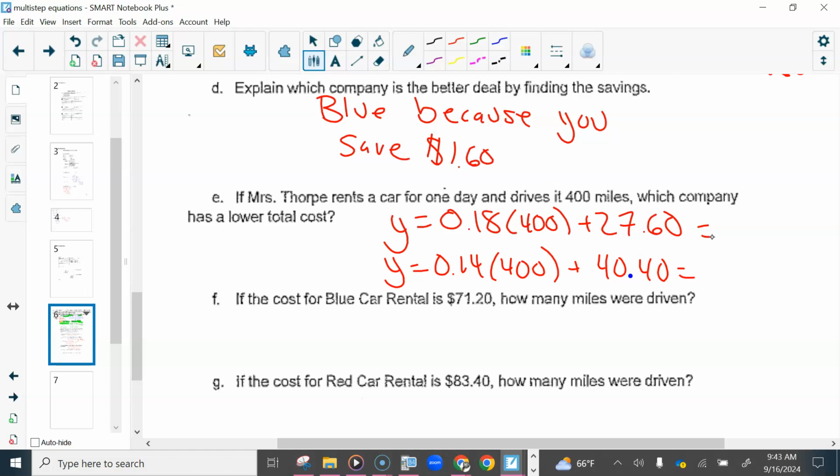So for the blue car rental, when you put 400 in for x, what do we get there? What'd you get, Alex? 99.6. And then for the red car rental, if we put 400 into that, what do we get?